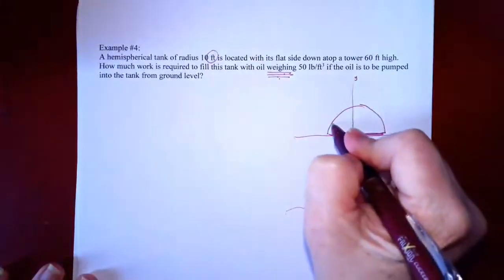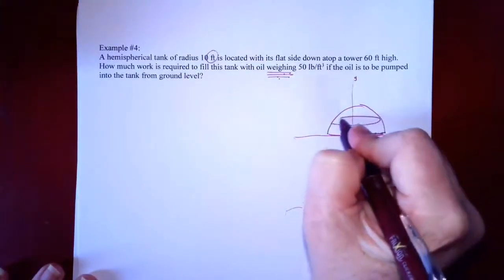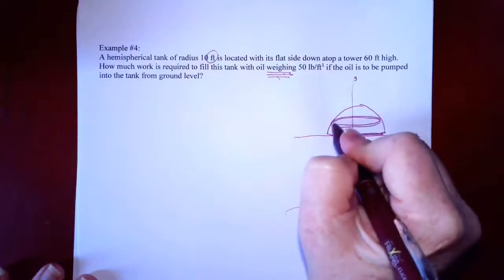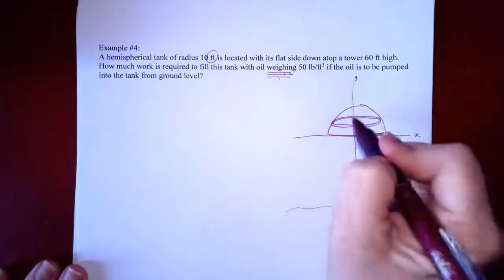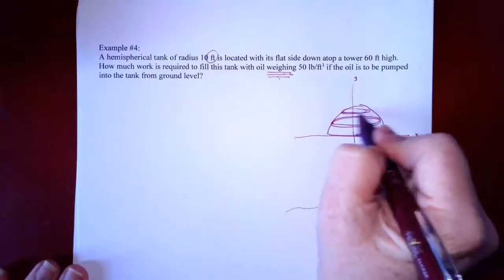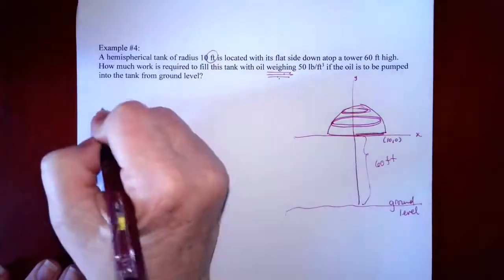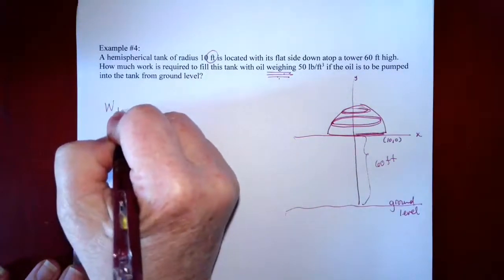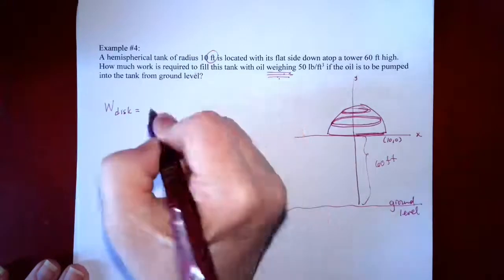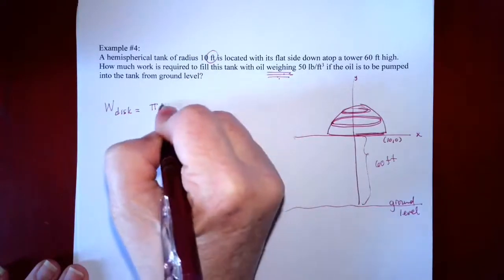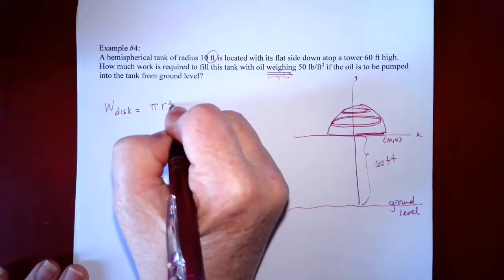If you look at a cross section here, we still have cross sections that are discs in shape, but the further you go up, the smaller the disc gets. So we'll have to figure out the work to lift one little disc.